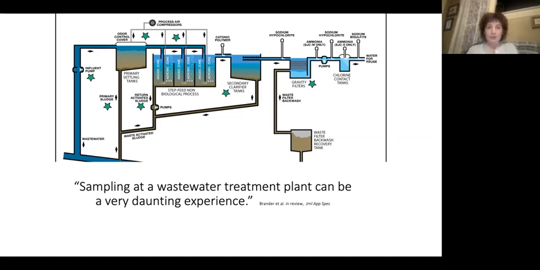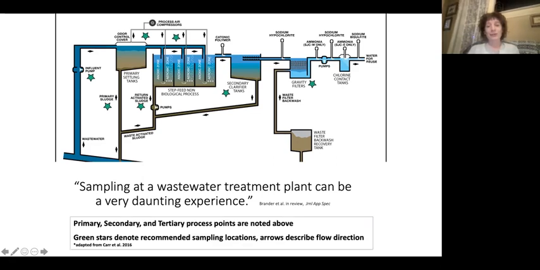And so this is from a paper that was published in 2016, but then we included this figure in the paper that came out in 2020. It's actually published in the Journal of Applied Spectroscopy. And you can see when you're thinking about sampling at a wastewater treatment plant, primary, secondary, and tertiary process points are noted above. And then those green stars are recommended sampling locations.